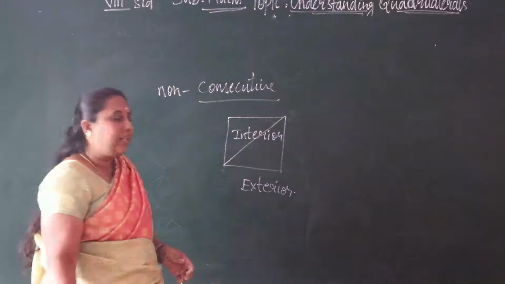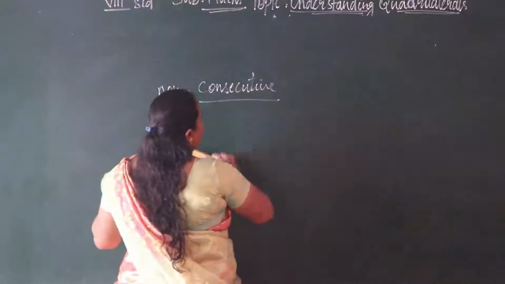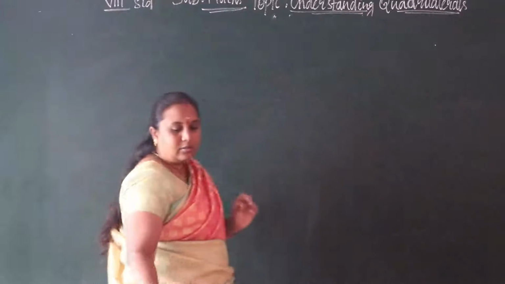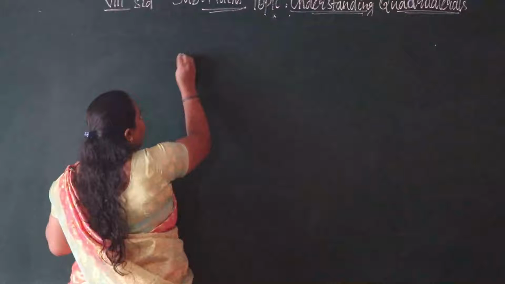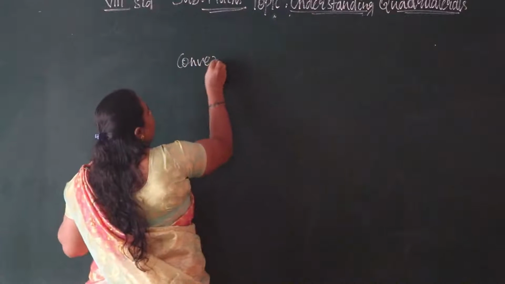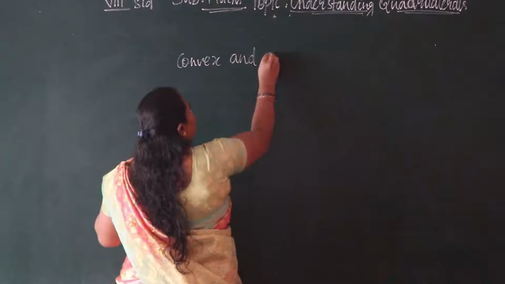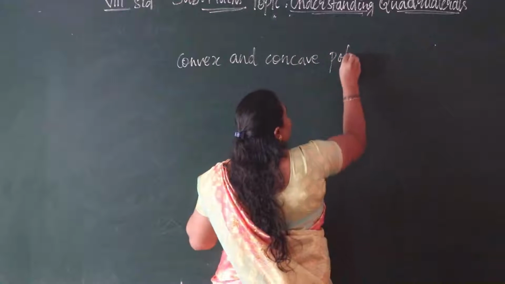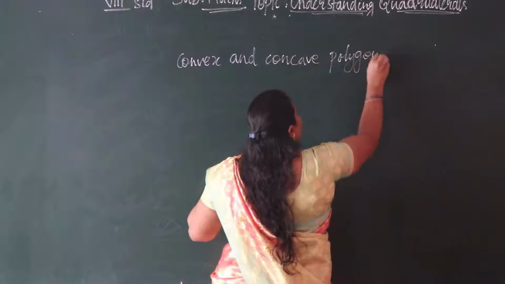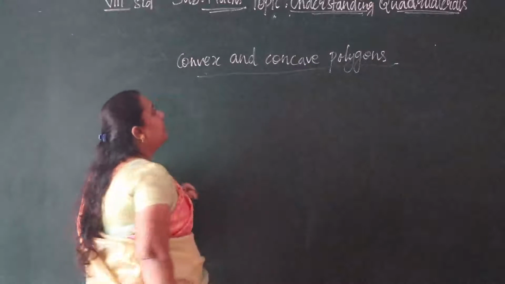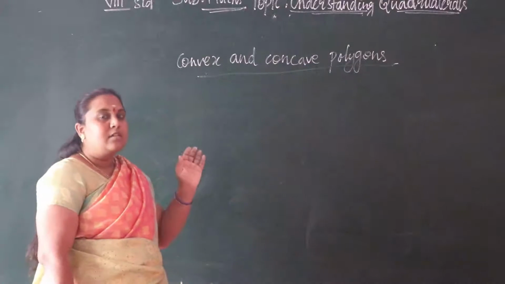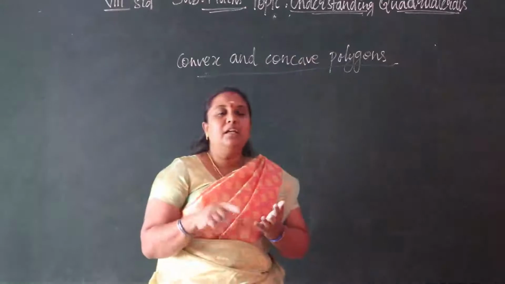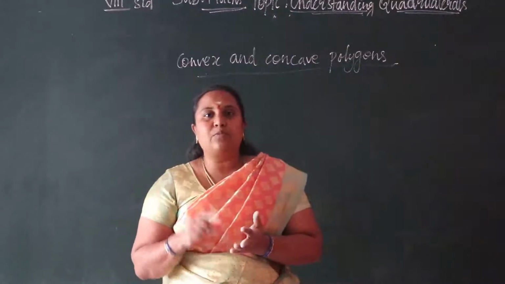Convex and concave polygons. So you know the sum of the angles of a triangle is 180 degrees.